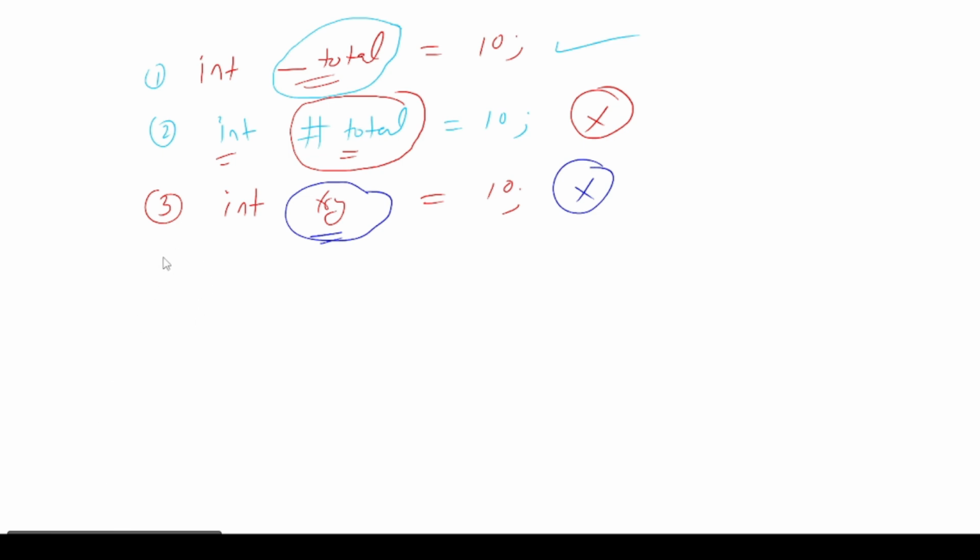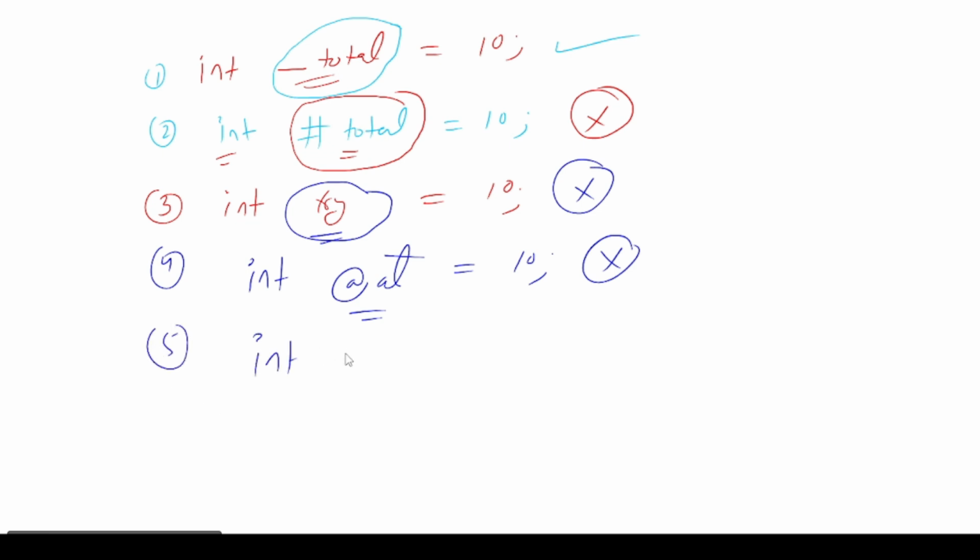Let's take a few more examples. int add = 10. Is it a valid identifier? No, it's not a valid identifier. Of course, the add symbol is not acceptable. And the last example is int Integer = 10.